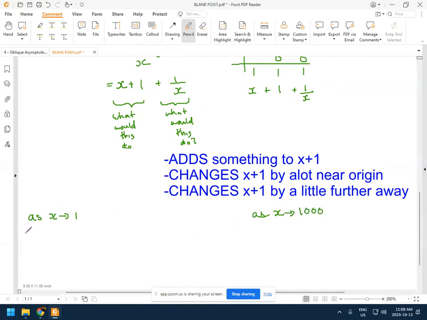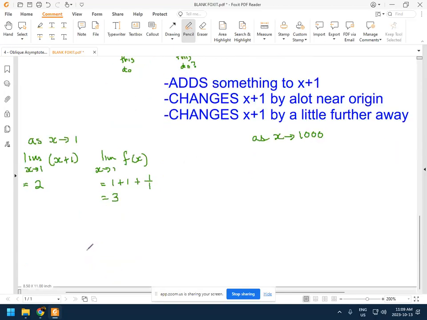Once again, the limit as x approaches 1 for the line x plus 1: what do I get? 1 plus 1, it's going to be 2. But the limit as x approaches 1 for the function is 1 plus 1, which is 2, plus 1 over 1, which is 3. That is very different.